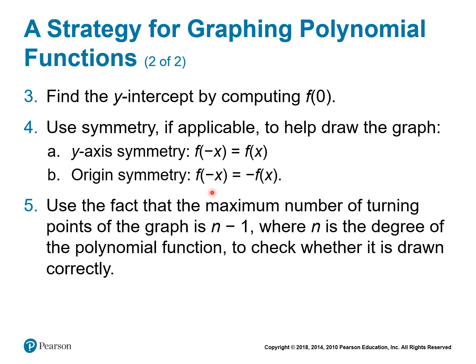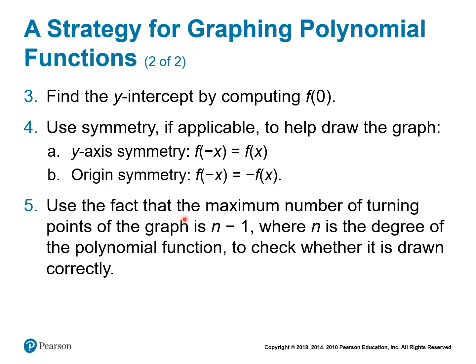If you replace x with negative x and end up with a function which is negative f of x, then it's a symmetry about the origin. We'll go through an example of that, and it'll be more clear at that time.